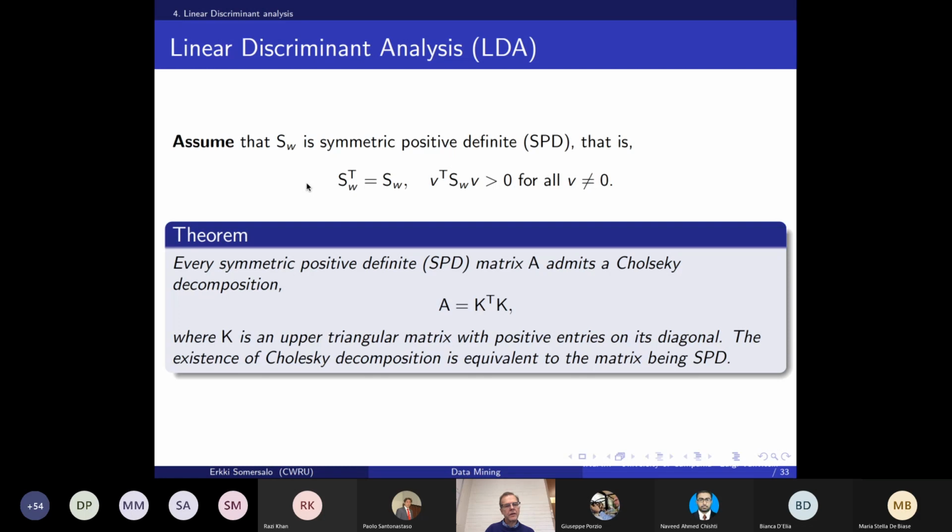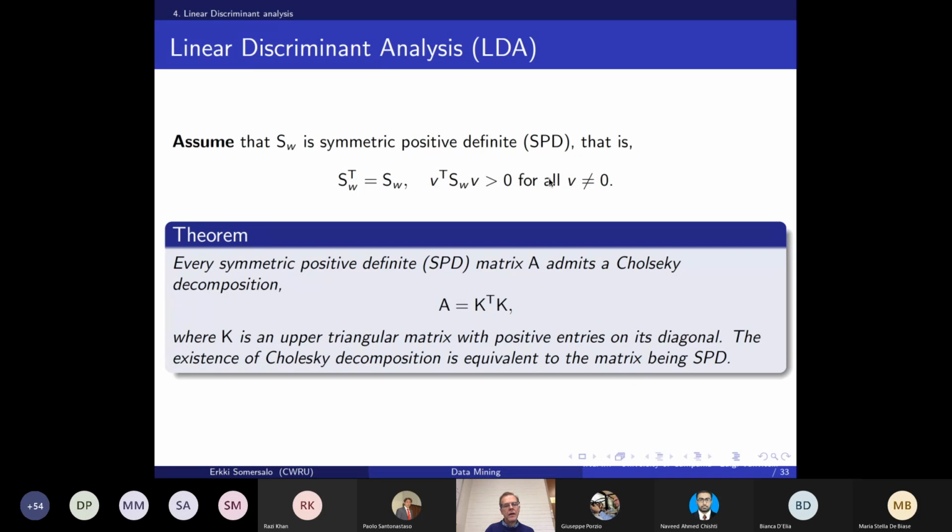This result says that if you have a symmetric positive definite matrix, symmetry means that the transpose of the matrix is the matrix itself. Positive definiteness means that V transpose SWV is always positive if V is a non-zero vector.